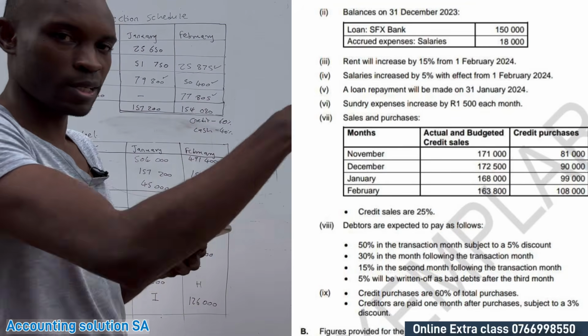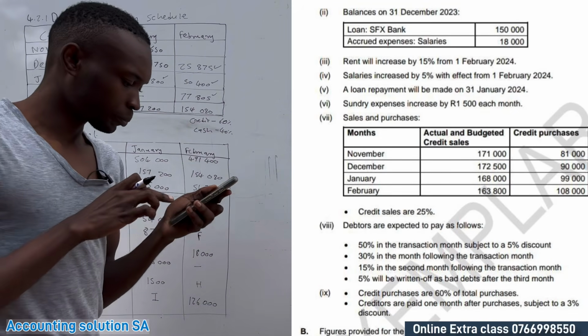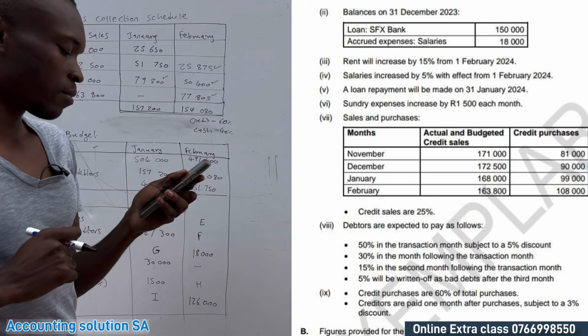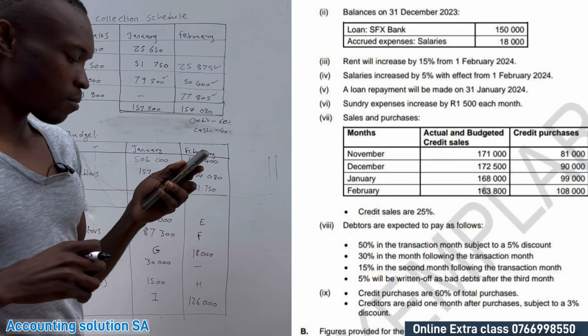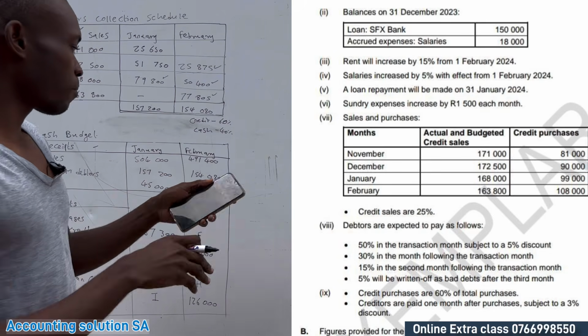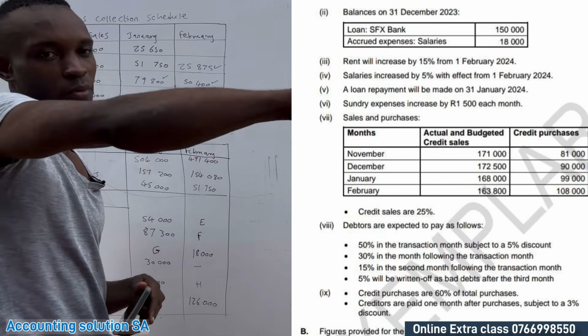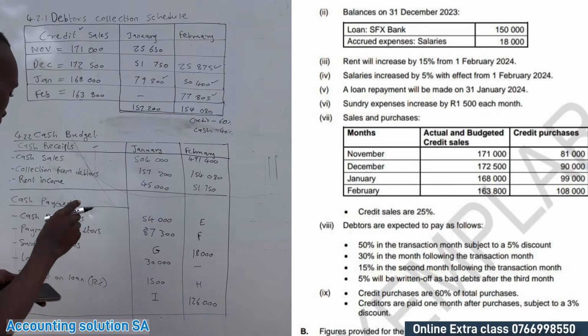It's us purchasing, it's not us selling. Okay, so now they also give us bullet number 2, which says creditors are paid 1 month after purchase. If we purchase in January, we're going to pay them after 1 month, which is February. Okay, let's start with cash purchases.